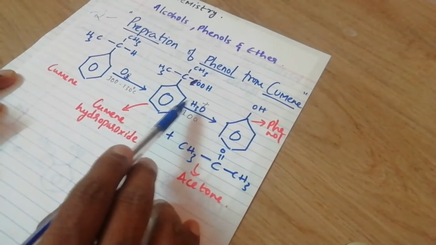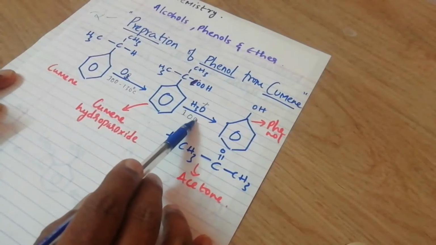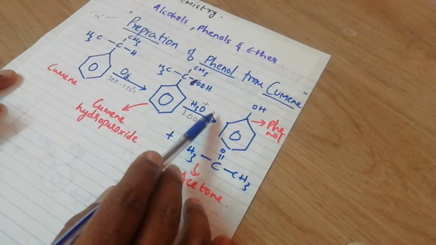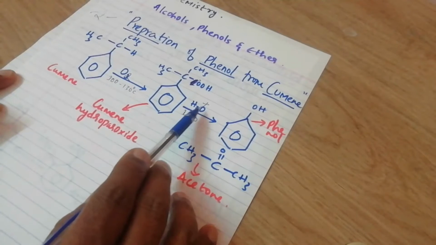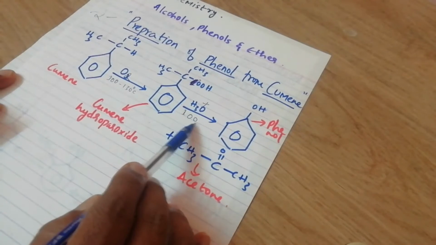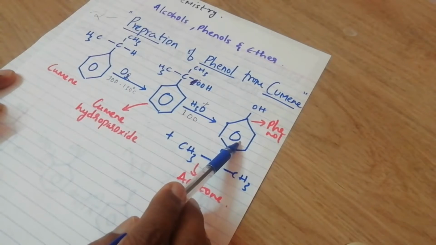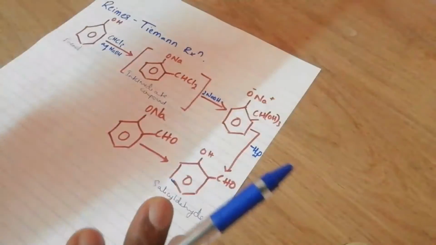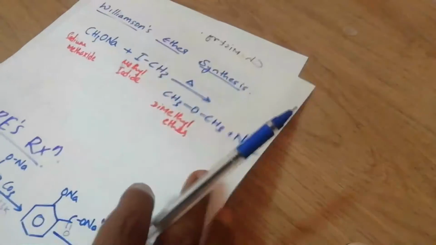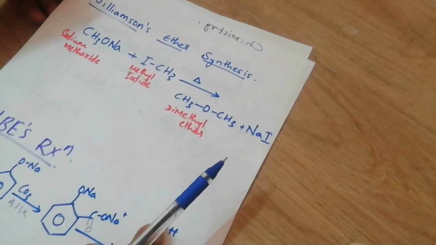Next is acid hydrolysis, that is protonated water. The proton comes from acid, that is H3O plus, heated at 100 degrees, the main product is phenol, the byproduct is acetone.